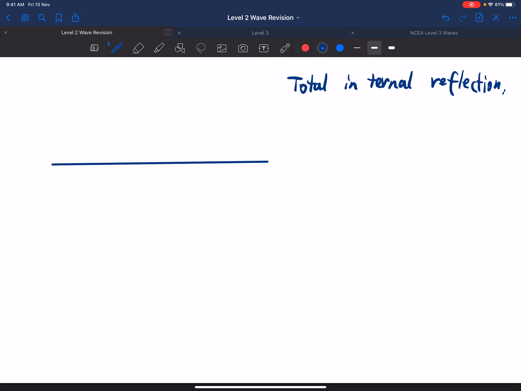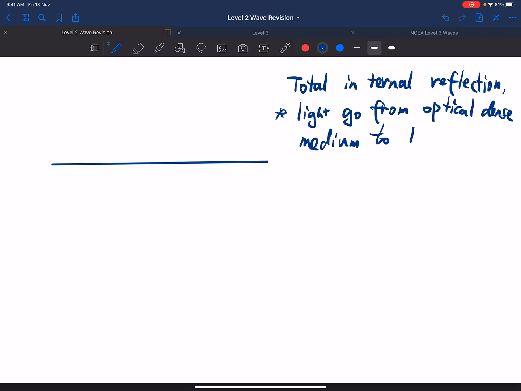What are the two criteria? First, it has to be light going from an optically dense medium to a less dense medium.